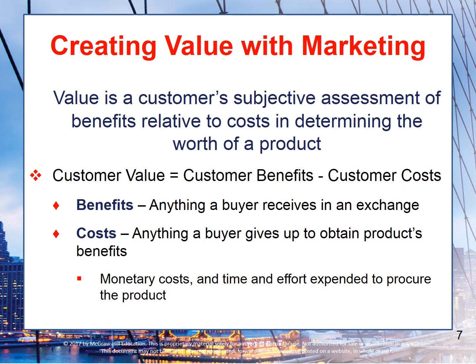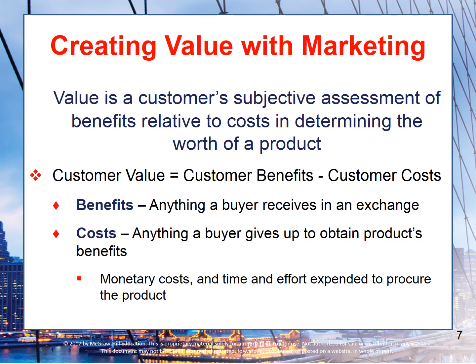can include anything a buyer receives in that exchange. Customers are going to judge which type of accommodations offer them the best value according to the benefits they desire and their willingness and ability to pay for the cost associated with those benefits. Customer cost can include anything a buyer must give up to obtain the benefits of the product.